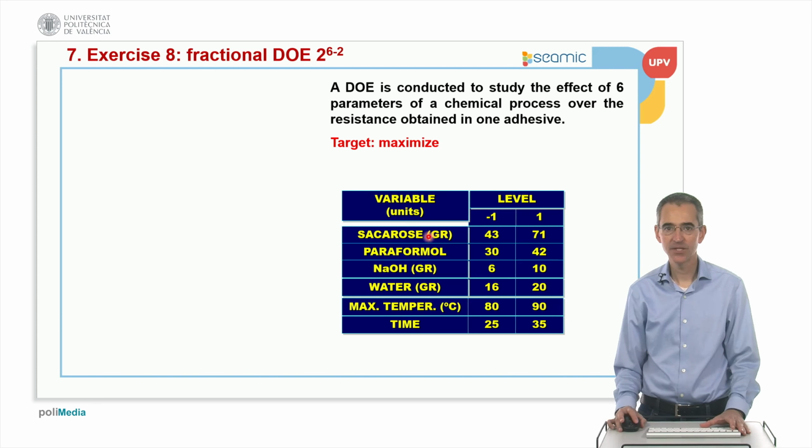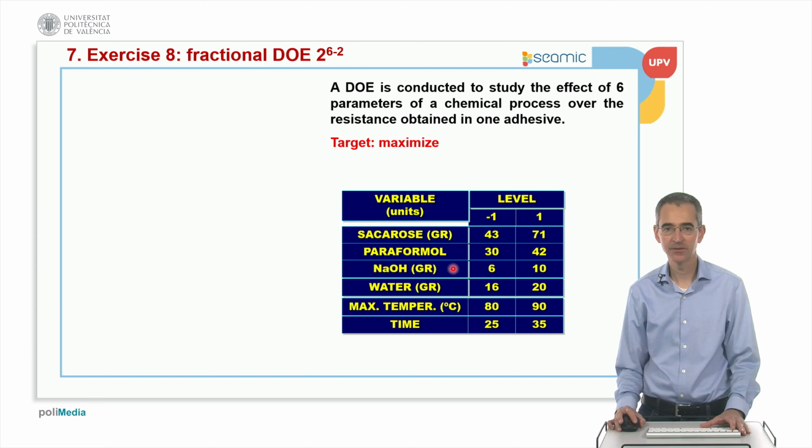Okay, so these are the 6 factors that are tested. So the concentration of saccharose on the lower level means that we use 43 grams. The higher level means that we use 71 grams. Okay. Another variable is the amount of paraformol, the lower level 30, the higher level 42.